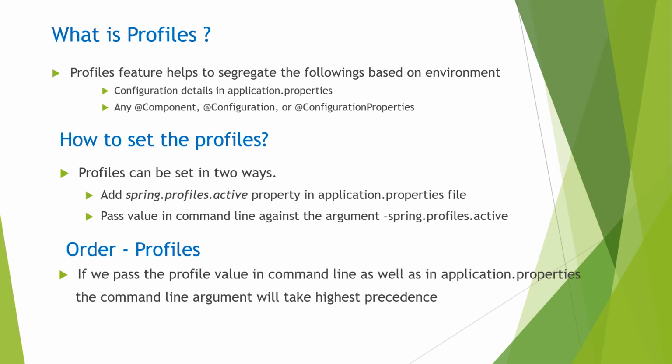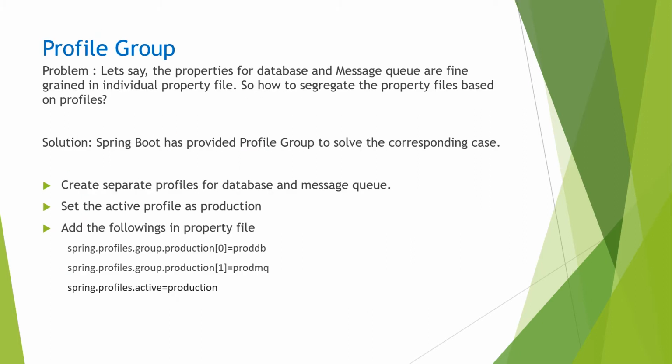Spring Boot takes the command line argument with the highest priority. So even if we set that profile in our properties file, Spring Boot will ignore it if we pass spring.profiles.active as an argument. So the command line argument will take the highest precedence.